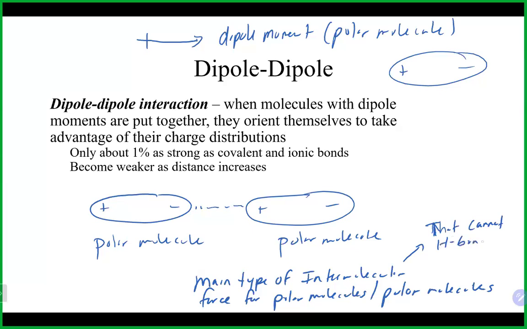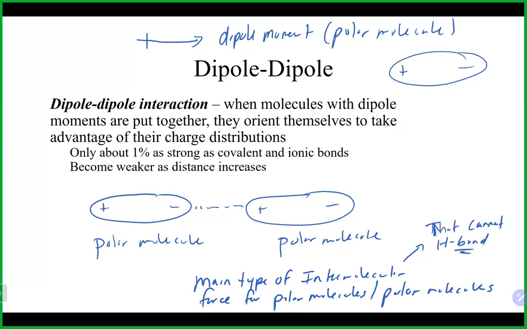Again, we'll talk a little bit about hydrogen bonding in just a second. But if you have a polar molecule and it doesn't really have the ability to hydrogen bond, it will be using dipole-dipole interaction as its main way of interacting with itself and, again, other polar molecules in this case.